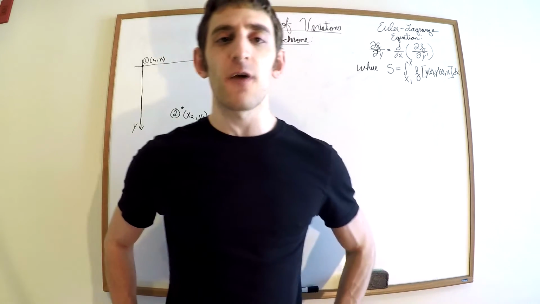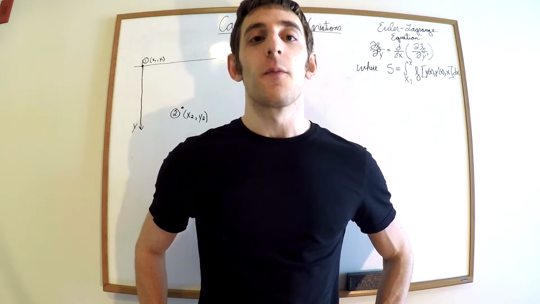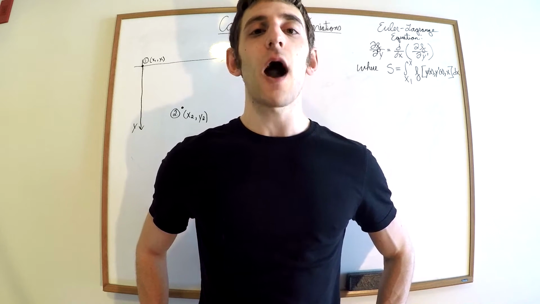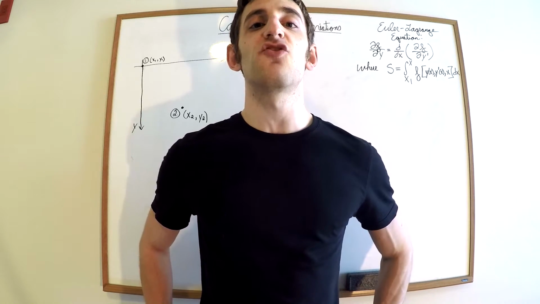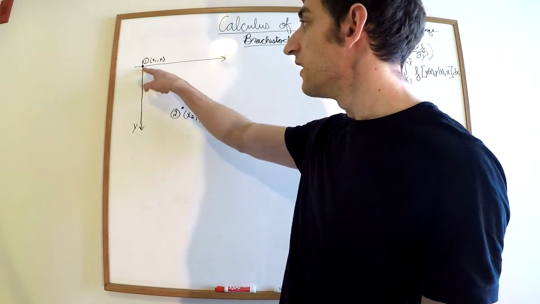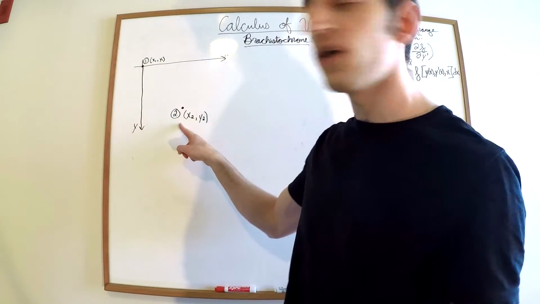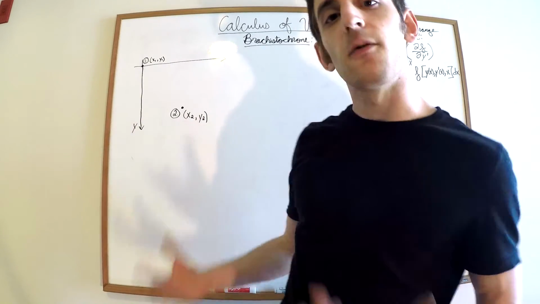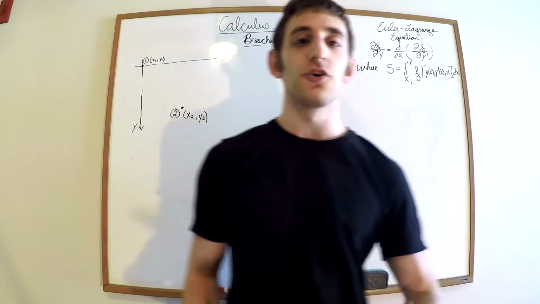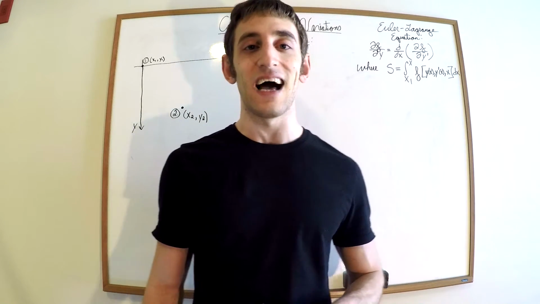The example we're going to run through is a classical one. It's known as the Brachistochrone problem. And this is the problem of trying to find the shortest amount of time that is needed to get from one point, which I'm going to put at the origin of this graph here, to another point 2 at some arbitrary location on your graph in the vicinity of everything you're analyzing, okay?